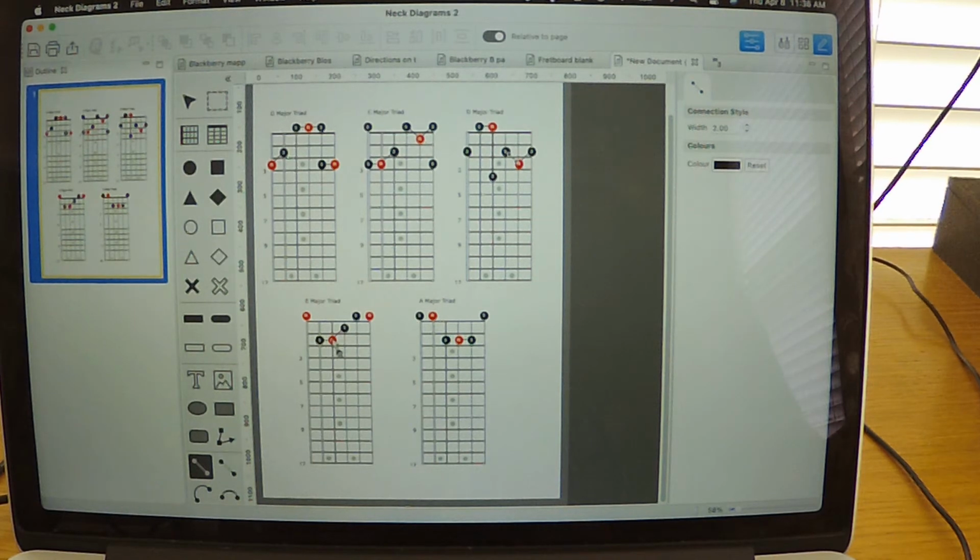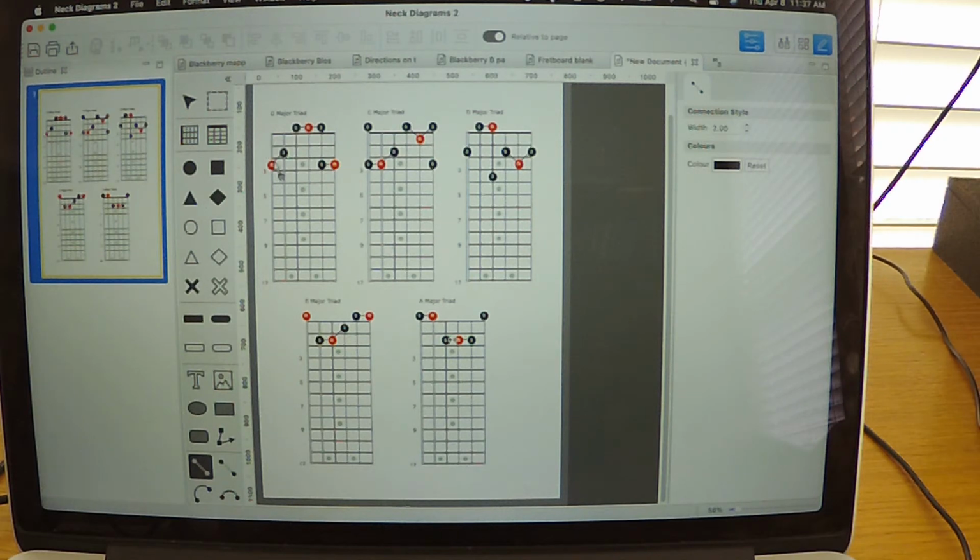Fifth and a root parallel, parallel, parallel. So we've just discovered that anytime you find the fifth, the root will be next to it on the adjacent string, unless the fifth is on the G string, and then the root will be what I refer to as a reverse diagonal.